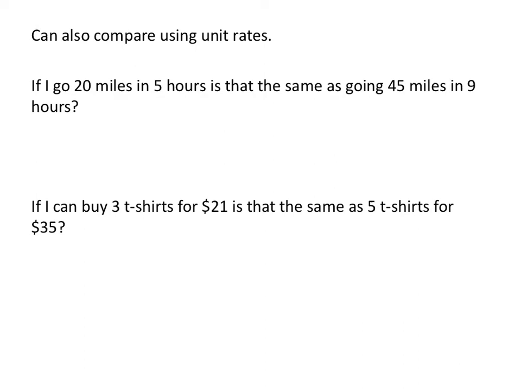Another way we can do this is also using unit rates, which we've also worked with a little bit this year. If I go 20 miles in 5 hours, is that the same as going 45 miles in 9 hours? So 20 miles in 5 hours, and I want to know, is that proportional to going 45 miles in 9 hours?